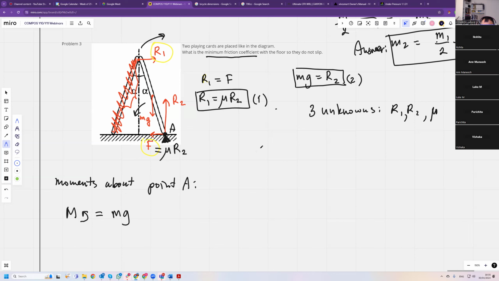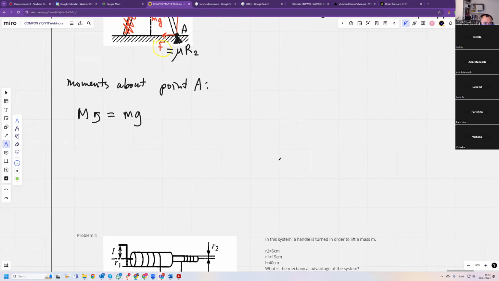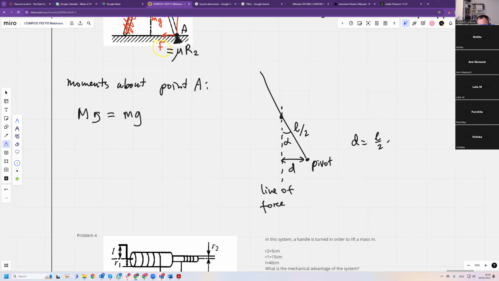Now the distance: if this is the card, this is half the length of the card, and we need the distance from the pivot to the line of force. So D is equal to L over 2 sine alpha.